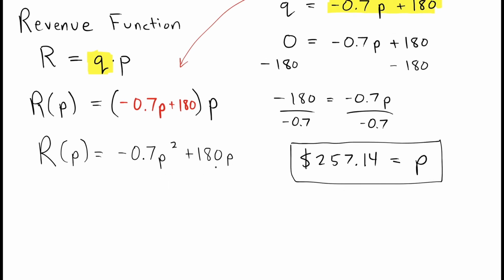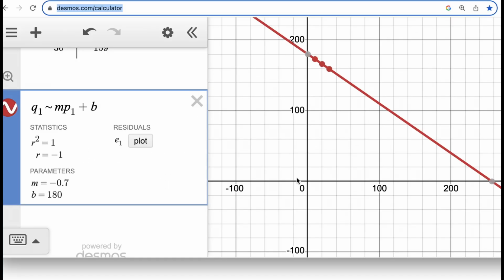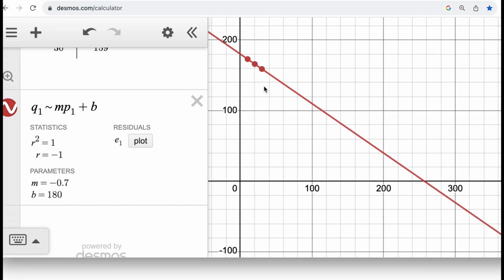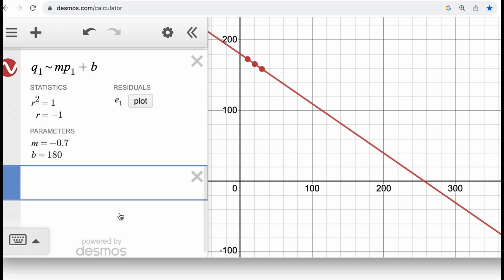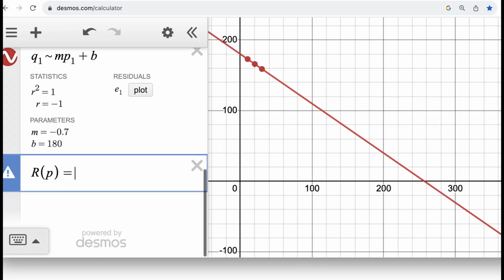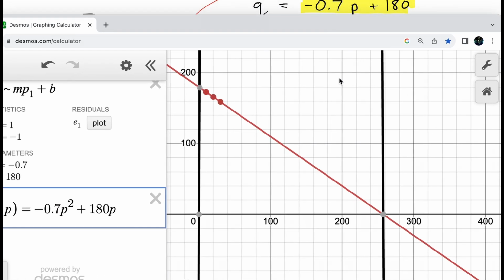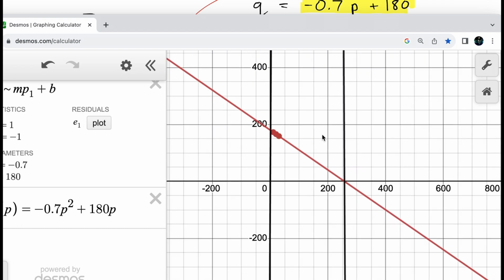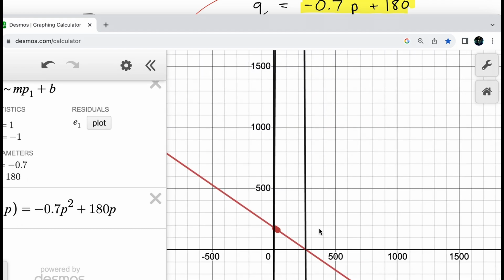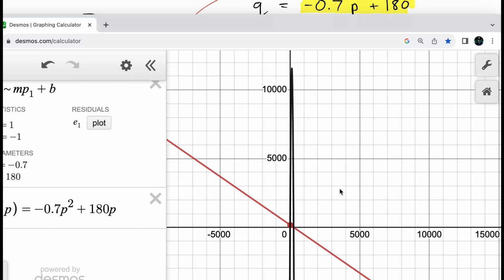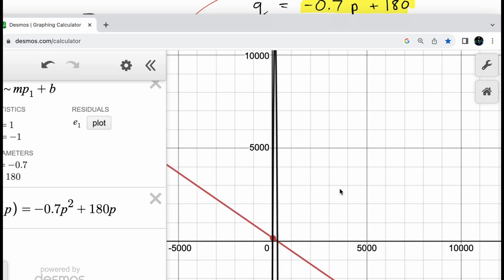So let's go ahead and plot this function though. I'll plot it on the same axes as the demand equation here. Okay, so here's the graph I get. It's a very tall parabola here.